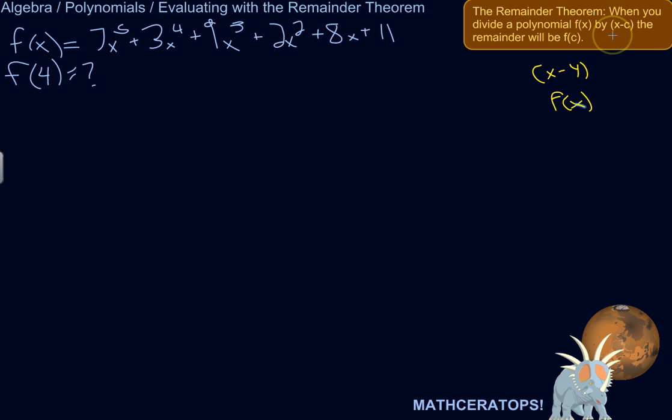And we can use that fact and the fact that we can use synthetic division to divide quite easily by a linear factor to figure out the value here. So let's set up the synthetic division.